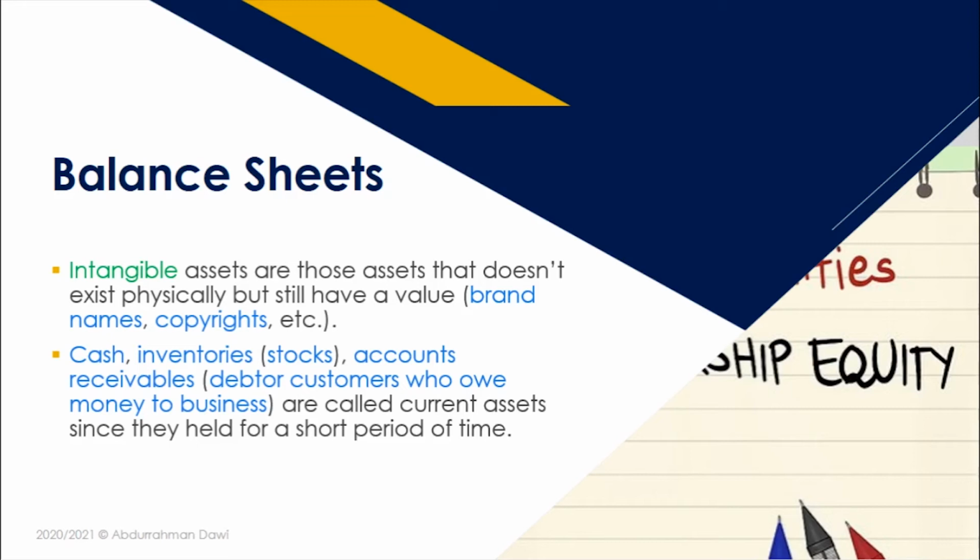People keep buying, you keep selling from your inventory, the cash keeps going and coming. That's why we call them current. They are not fixed. This is the second form of asset, guys. So to review, the assets split into two things: the non-current or fixed assets, and the current assets.